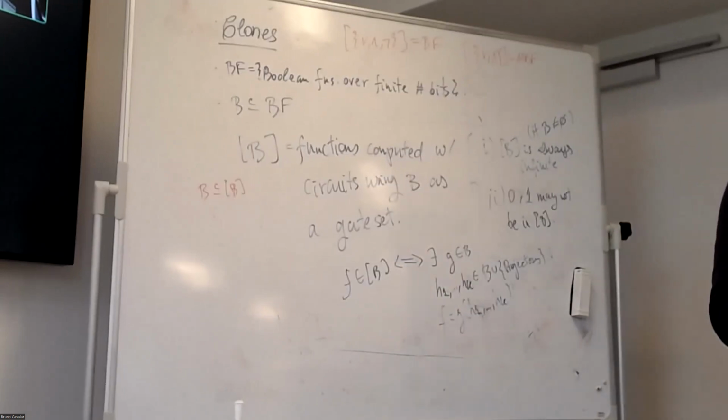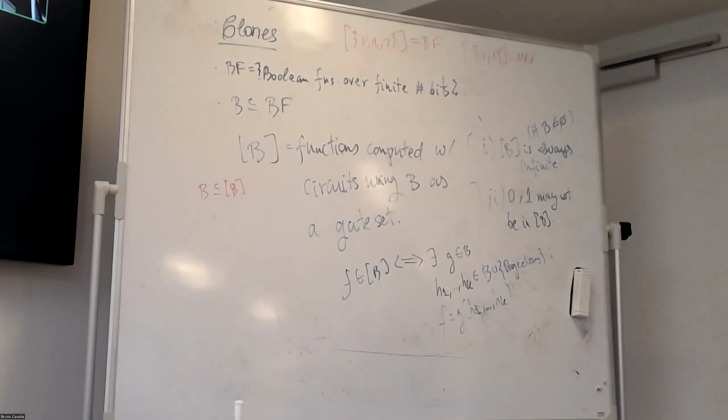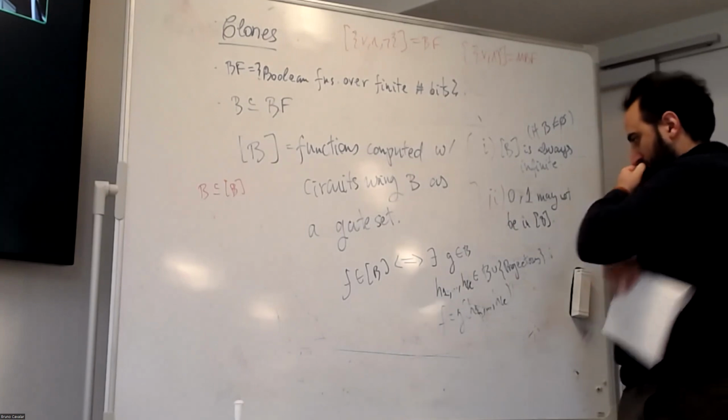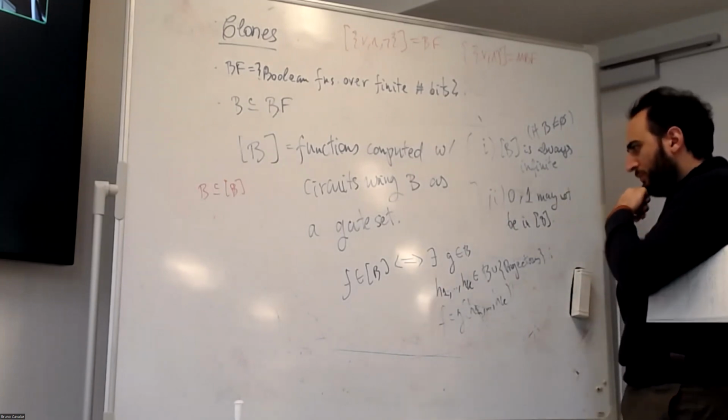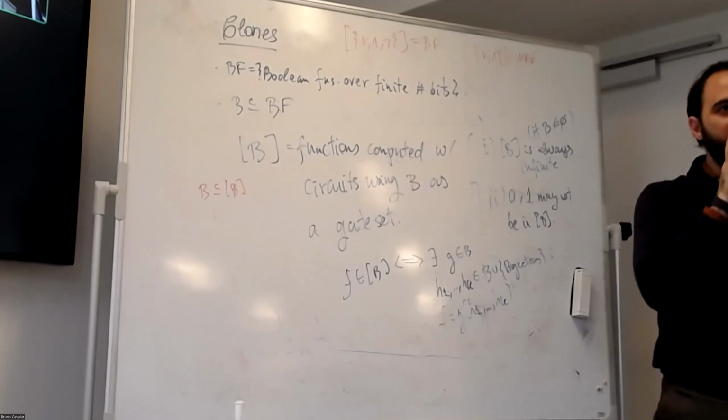Right. So just one last clarification. On the bottom of the board, when you say F is in the closure of B, it is equivalent to saying there exists G in the closure of B, if I understand correctly. No, probably I mean everything in G and B. Otherwise, do you allow composition?